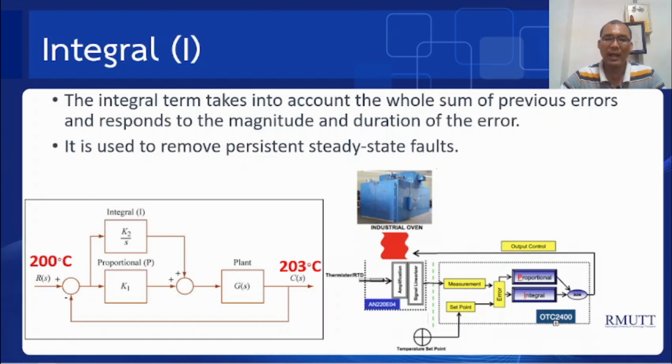So the integral will accumulate the mistake over time and execute a corrective measure to gradually eliminate the error. So this is assisting the system in accurately reaching the set point. This is the test of integral.